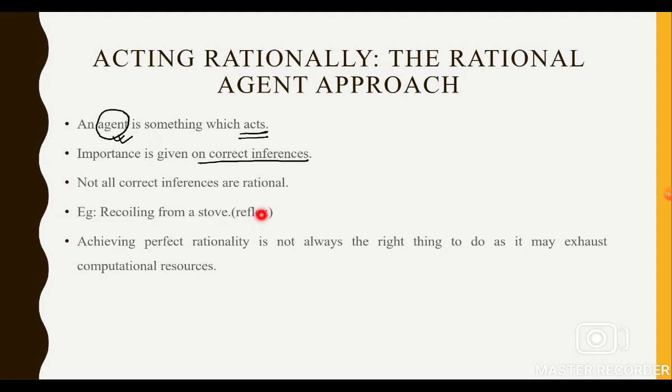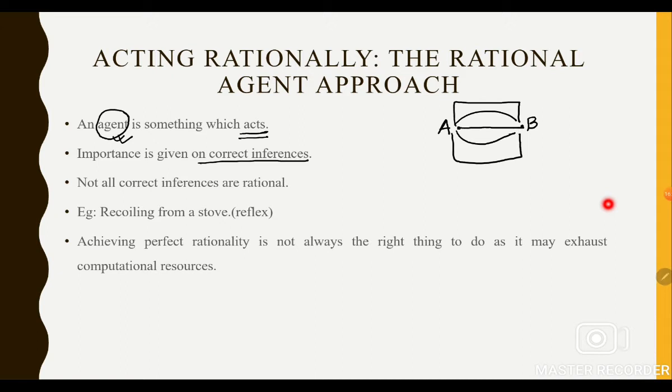Okay, suppose, as discussed in my previous video, I have to reach from point A to B and I have several routes which would lead me from A to B. Now I have to find out the best possible route.